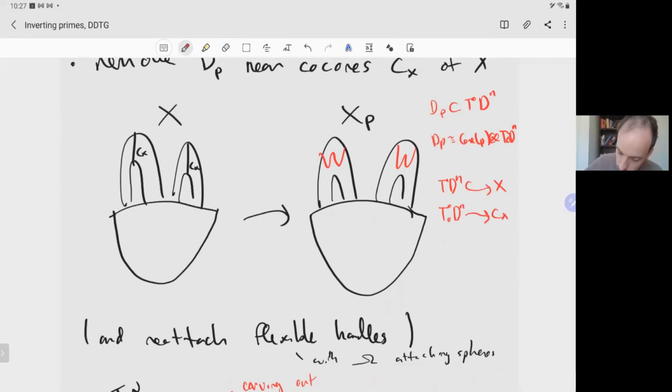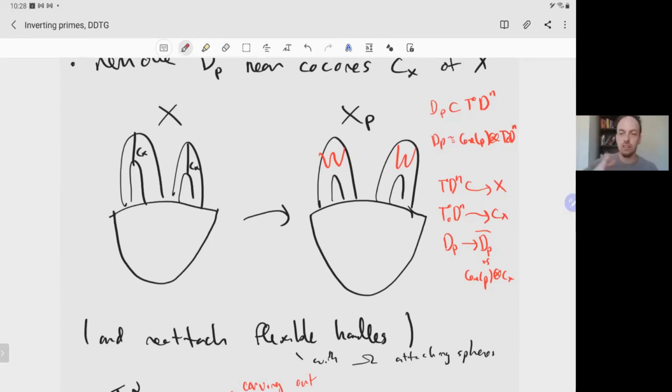So this D_P goes to some other disk, which I should really be calling D_P bar, which is isomorphic to the cone of P times the cocore, because it's the cone of a cotangent fiber, the cone of P tensor the fiber.